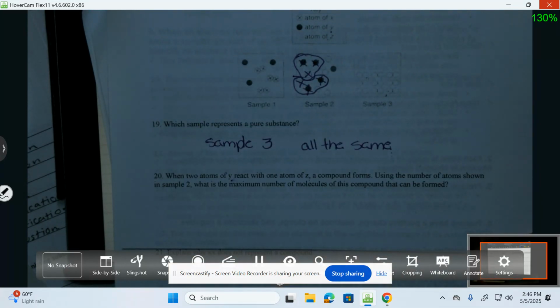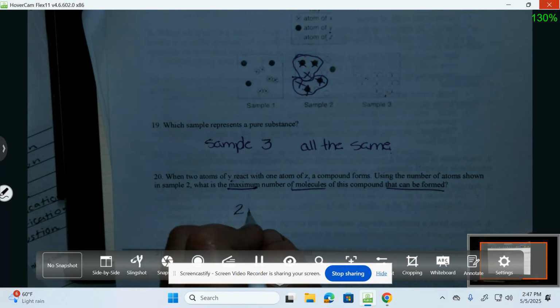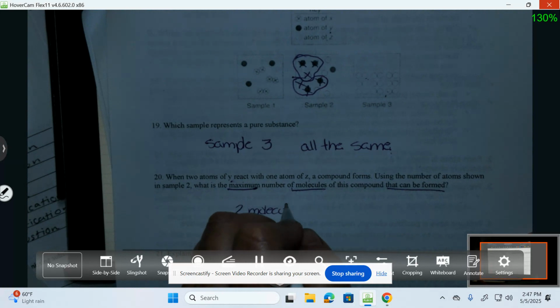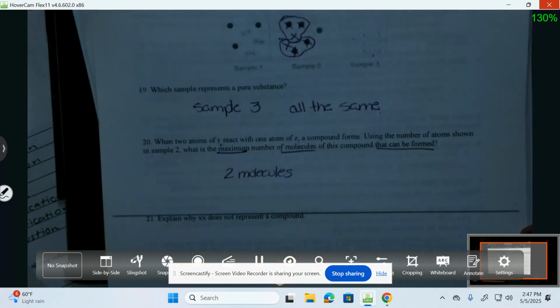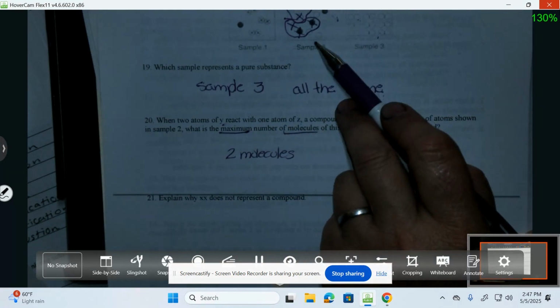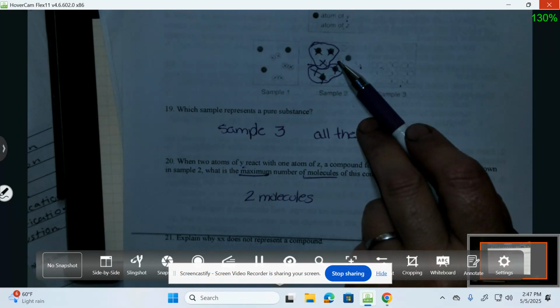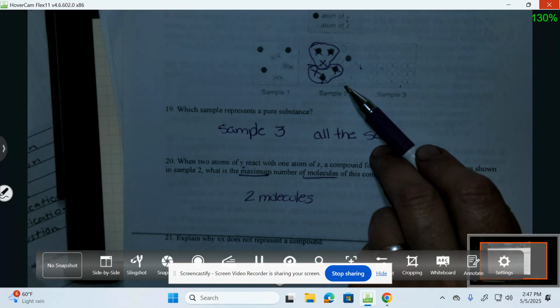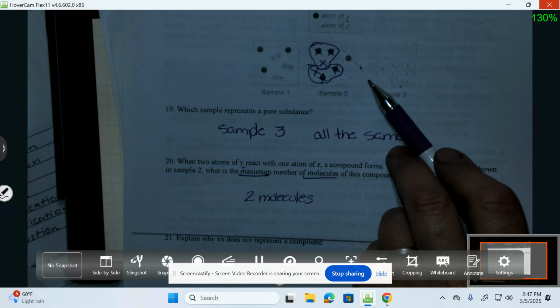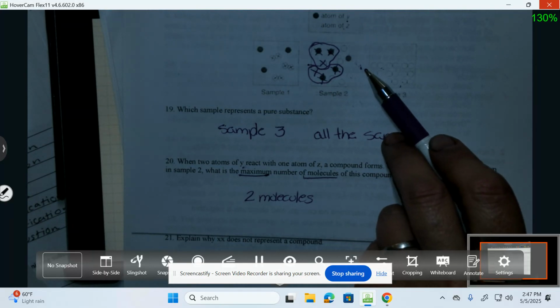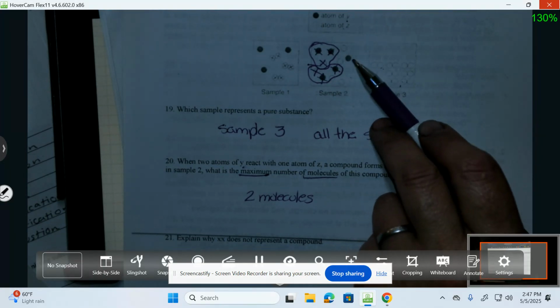Can I make any more? Nope, I can't. So the maximum number of molecules of the compound that can be formed is 2 molecules. I'll have some things left over: white, white, white, and white. It's hard to see. White, white, and white, and a black one.